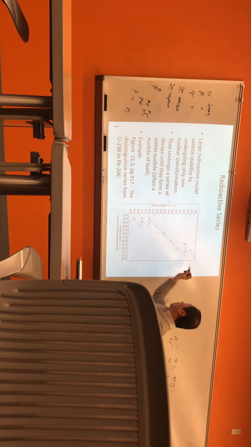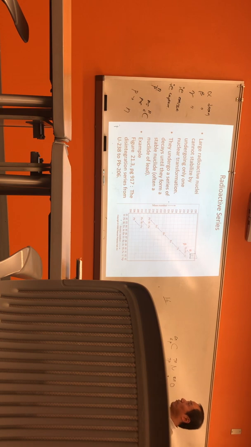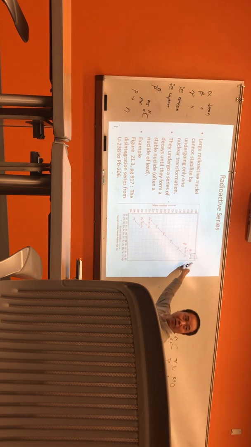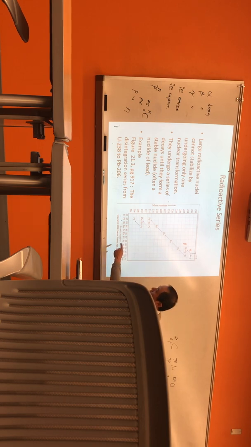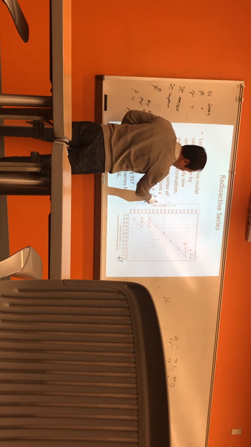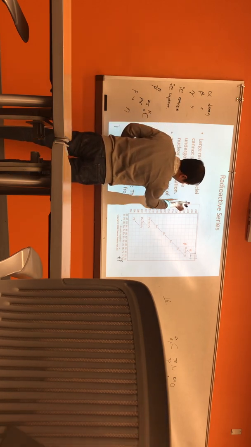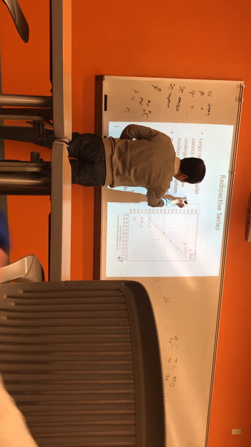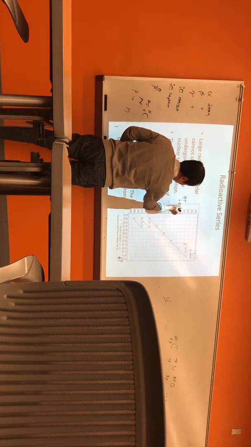Once you have a very heavy radioactive isotope that is too heavy, it starts alpha decay. On my x-axis is the number of protons, or you can say atomic number. The y-axis is mass number, not just the number of protons or neutrons, but the number of protons plus neutrons.